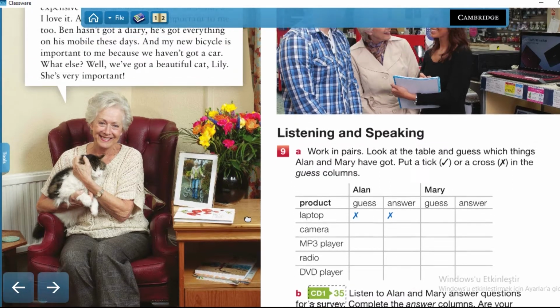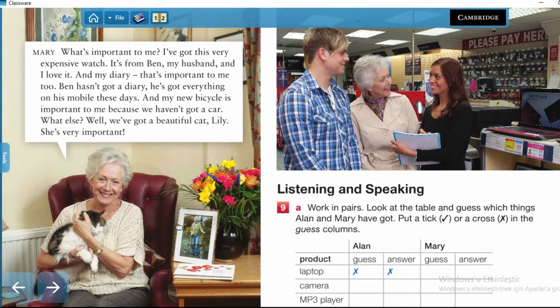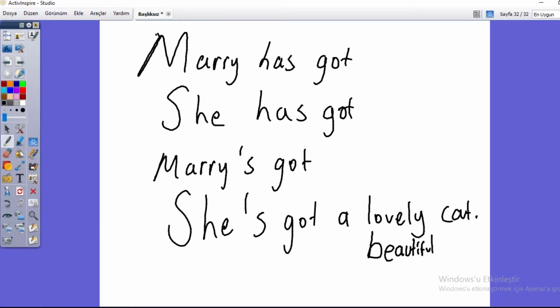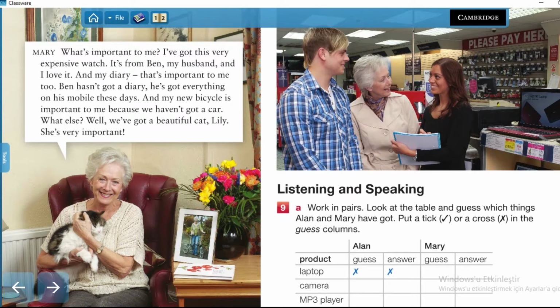Oh, she's got flowers, and she's got also a new armchair. There we go. Now let's get back.